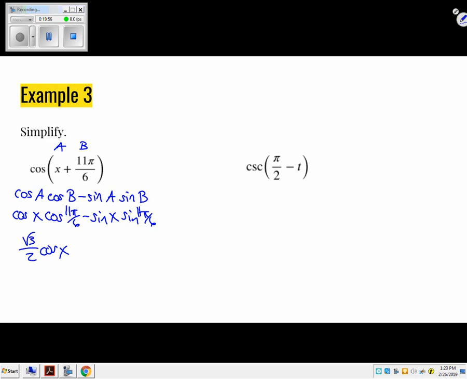So a negative and a negative is going to be a positive: 1/2 sine x. That's as far as that goes. We'll be doing something a little bit more with this maybe at the end of next week. Because this was negative 1/2, a negative and a negative will be a positive, or you can put minus negative 1/2 sine x. That'd be fine as well.